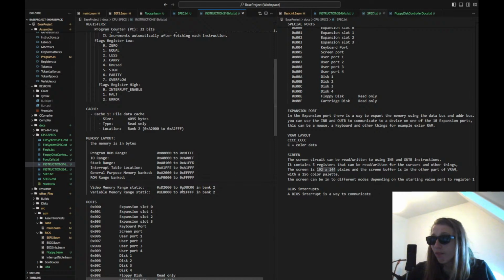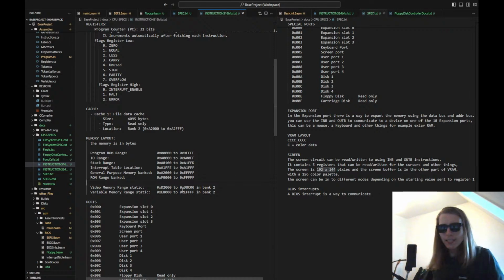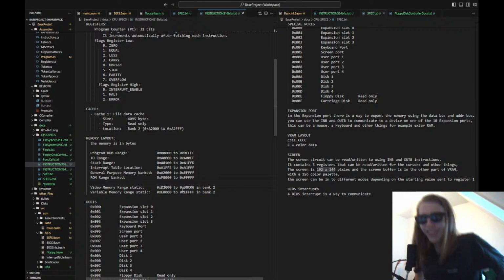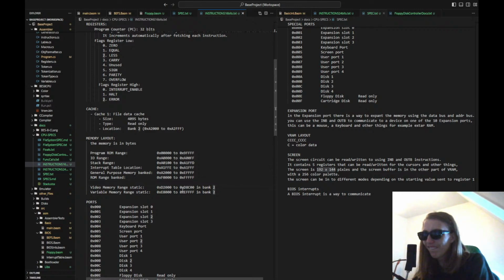That's great. 4 kilobytes of cache memory, and then the rest is general purpose, which is around 16, maybe 20 kilobytes. That should be enough for bank 2. So in bank 2 you have 20 kilobytes ish.